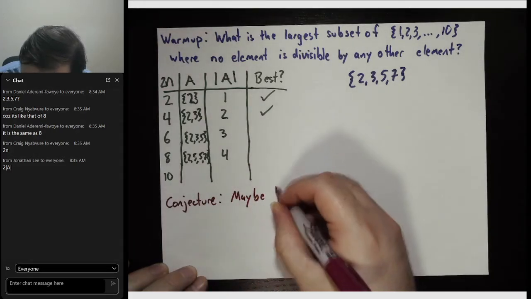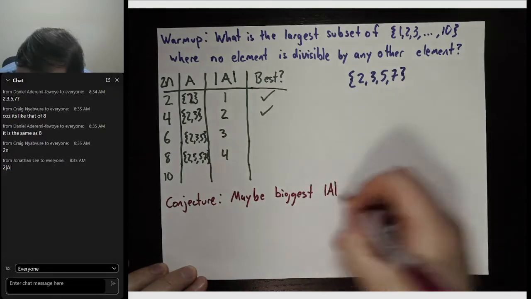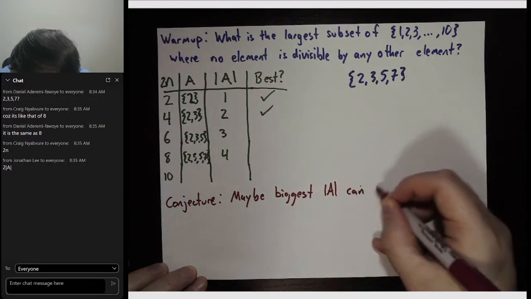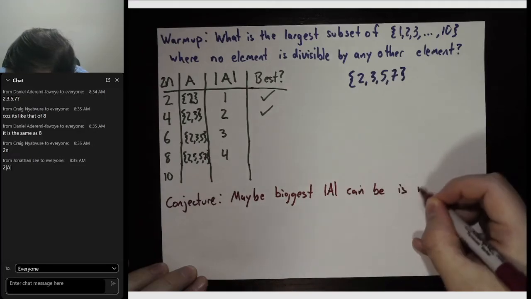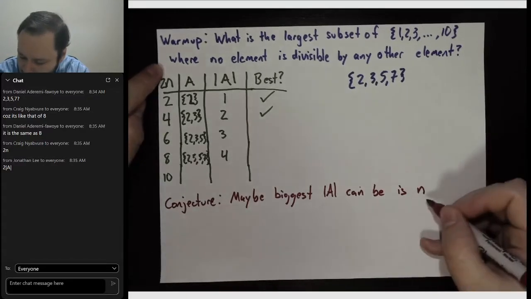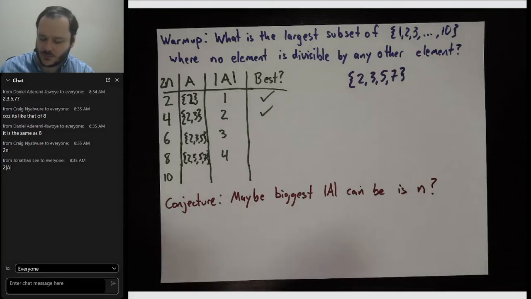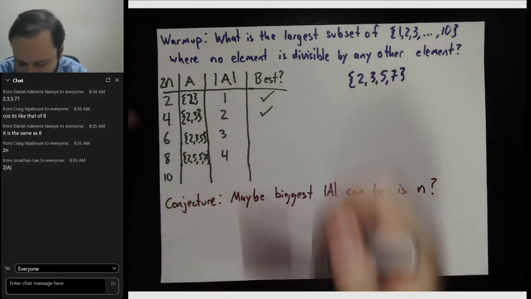Looking at what we have so far, a conjecture is that the biggest A can be is n. So 2n is how many elements we have, and maybe the best we can do is n. That would match up with everything we've done so far.